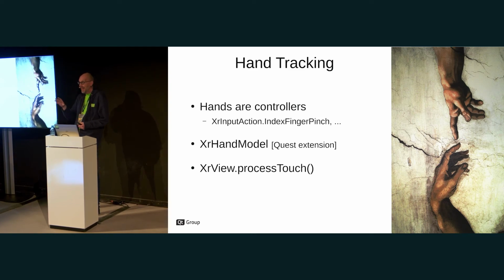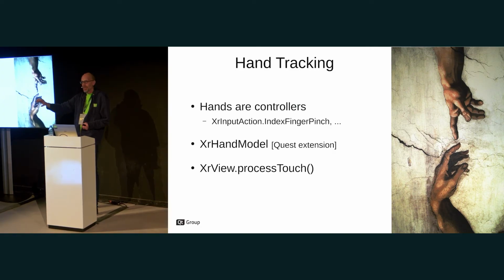We also have the XR hand model that allows you to show a model of the hand in VR. This relies on a Quest-specific extension, so it's probably not available in all headsets at the moment. This is something we can probably add later.